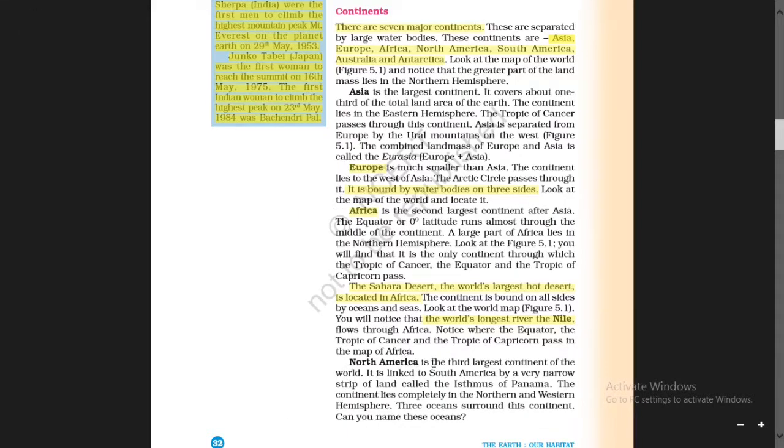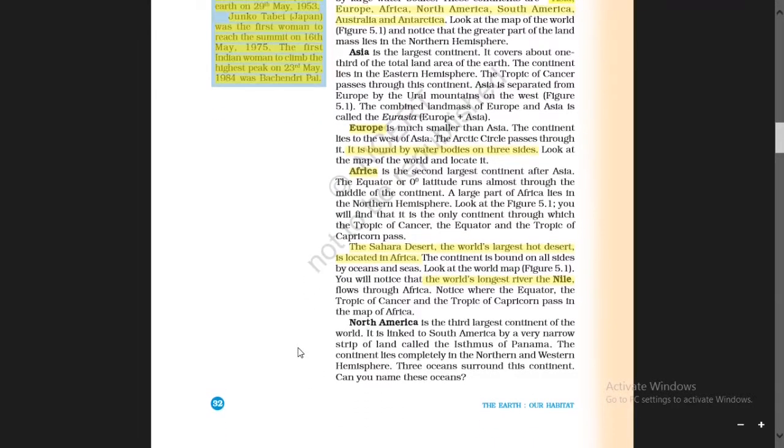North America is the third largest continent of the world. The largest continent we find is Asia. Second one is Africa. Now the third largest continent we find here is North America. It is linked to South America by a very narrow strip of land called the Isthmus of Panama.